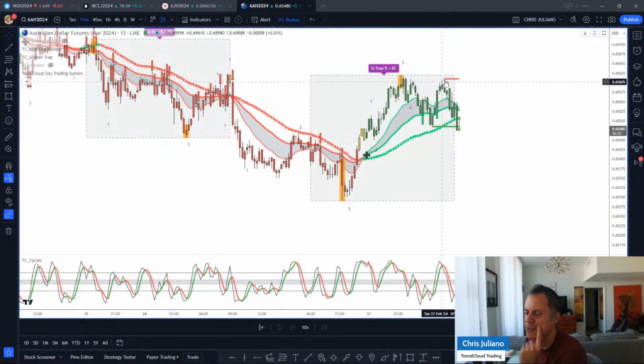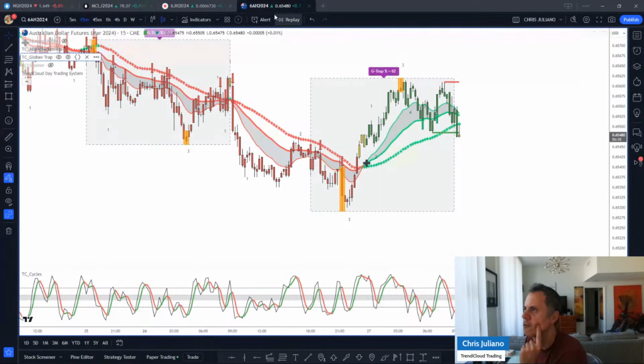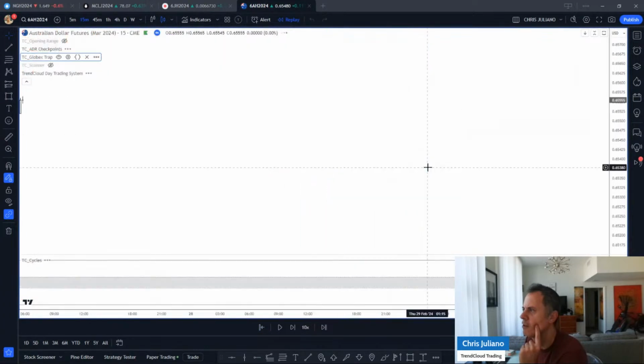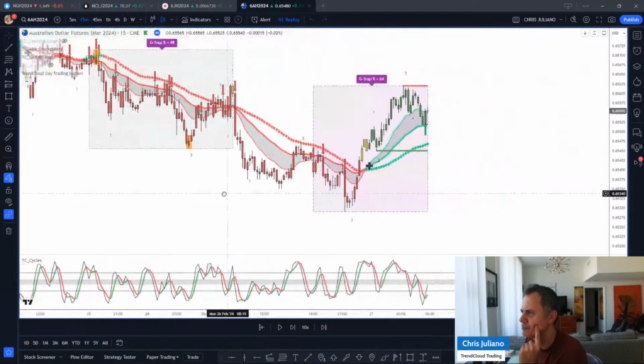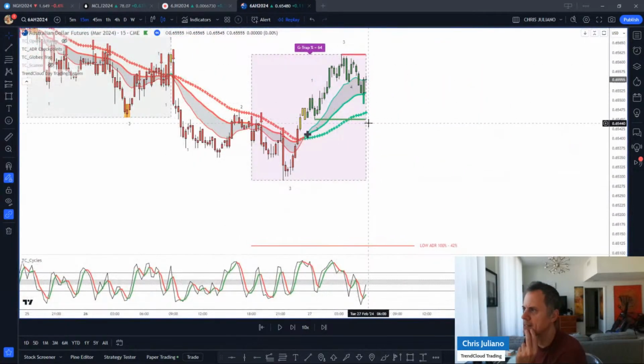This already took place. Okay, so you're not going to know where the highest point is until the end. You won't know. Let me show you again. See, the Globex isn't finished yet, so it's not going to shade in the pivot candles.